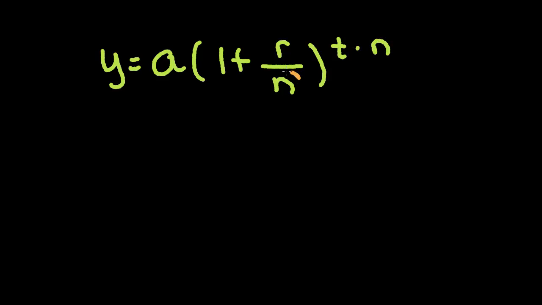So again, same formula. The only thing that's different is we've divided to make our rate monthly, quarterly, daily, and then we made our number of periods match that as well. So that is your compound interest formula.